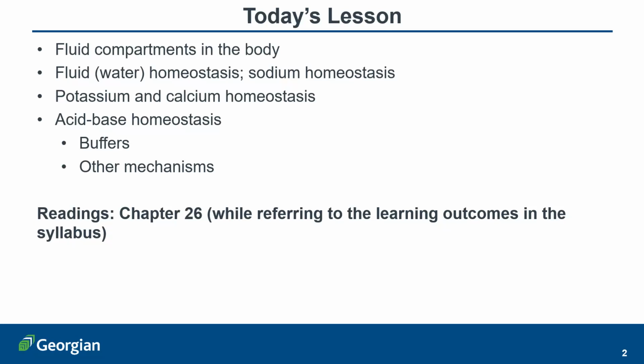The electrolyte homeostasis that we'll be discussing are specifically related to potassium and calcium, and then we'll close off with acid-base balance by discussing the various buffers and the renal and respiratory systems that control the amount of acid in our body. Please remember to read Chapter 26 while always referring to the learning outcomes in the syllabus.